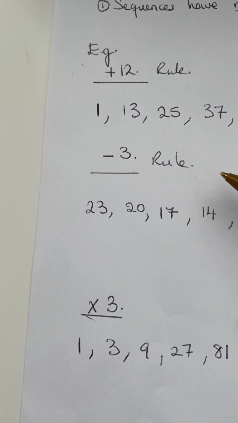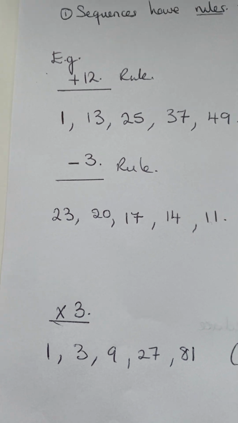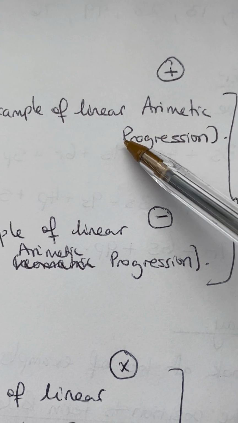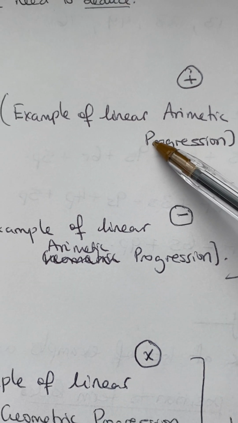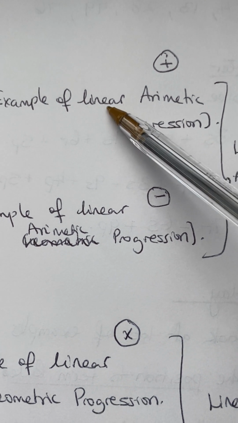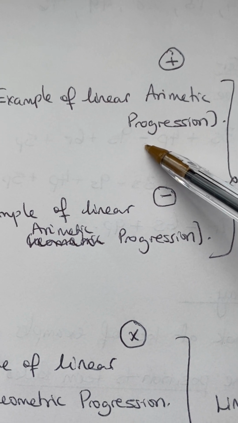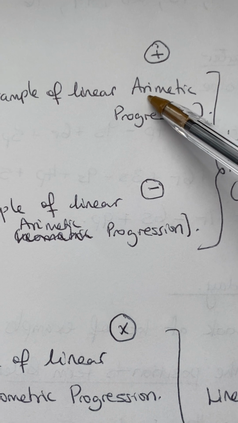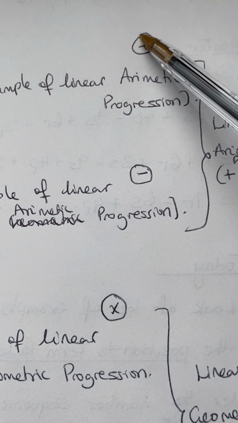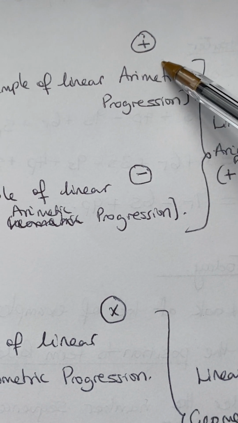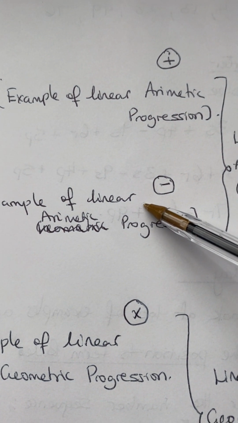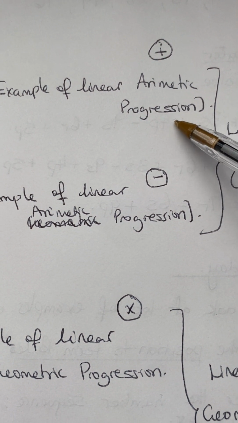Yesterday I said there are two types of sequences. What we are looking at are linear progressions, and under linear sequences we have the arithmetic progression, which deals with things like add 2, minus 2. If it is adding or subtracting, then it's an arithmetic progression.